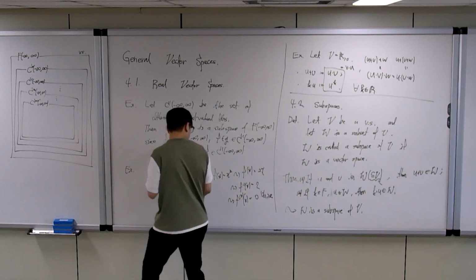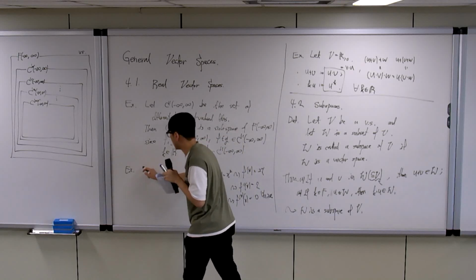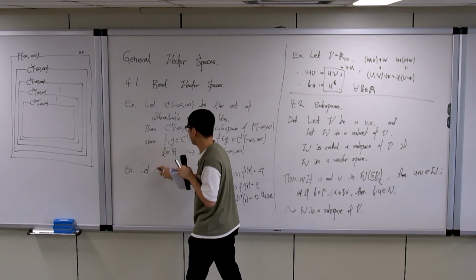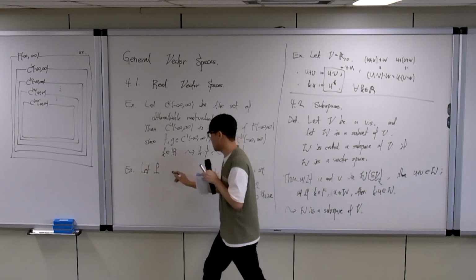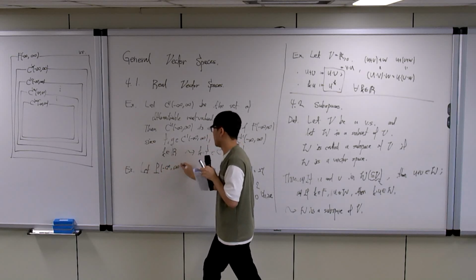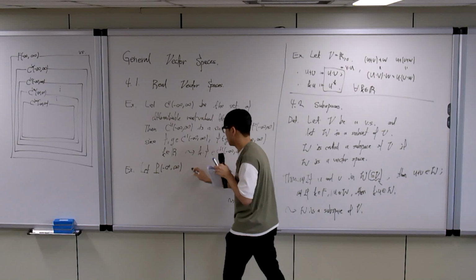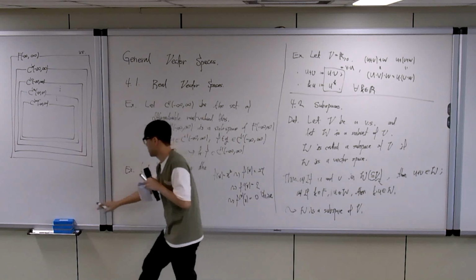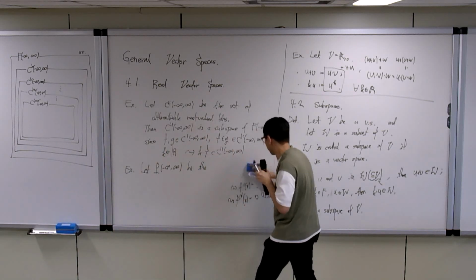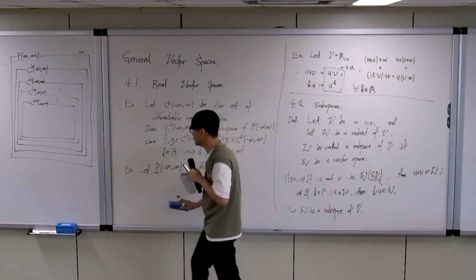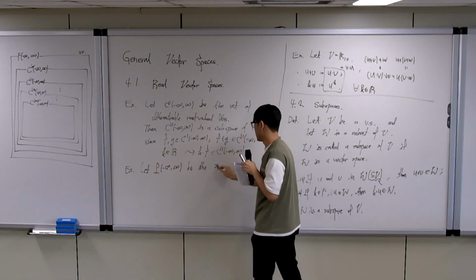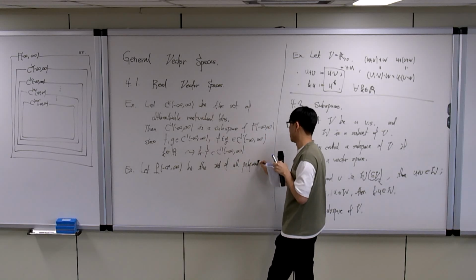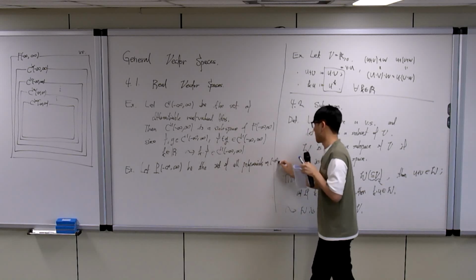So for that reason, we will call the polynomial space P, for the domain minus infinity to infinity, the set of all polynomials on minus infinity to infinity.